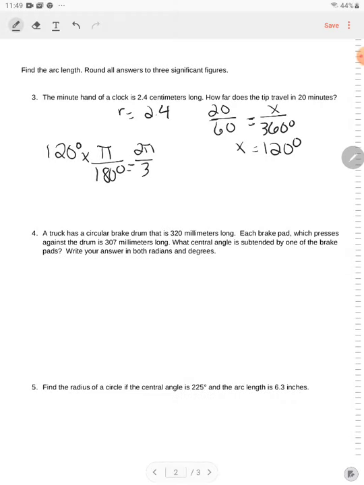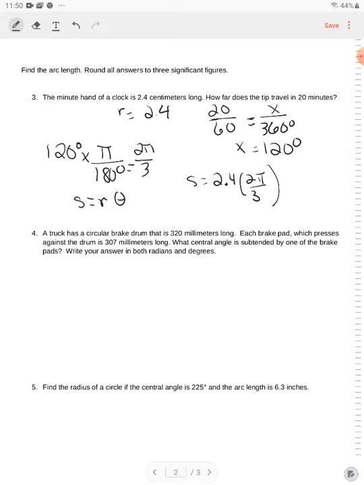So S is equal to R theta. S is equal to 2.4 times 2 pi over 3. Okay, so that becomes 1.6 pi.